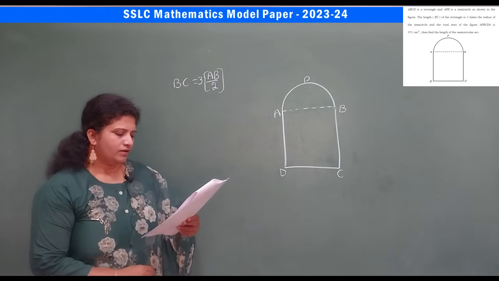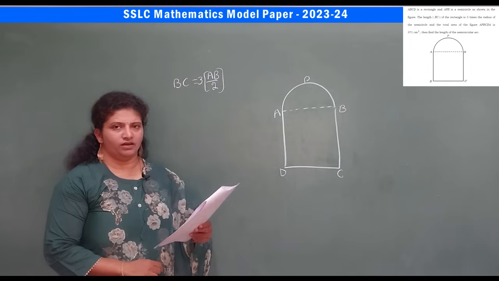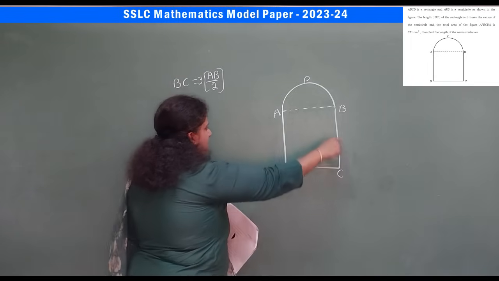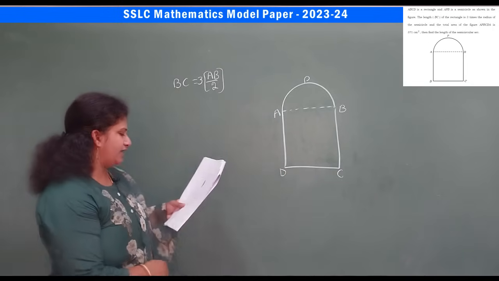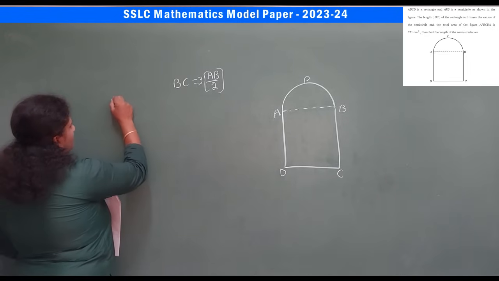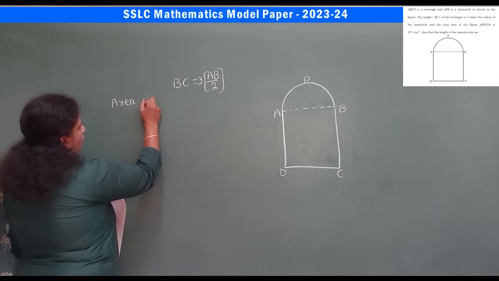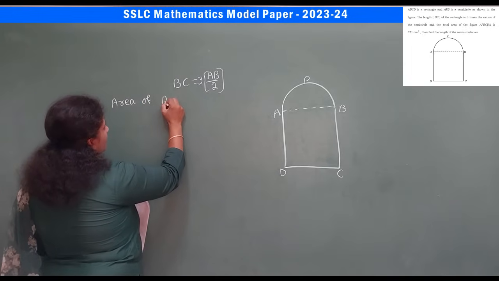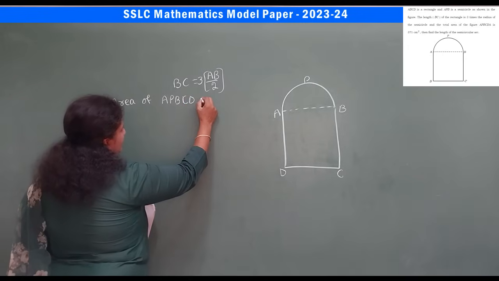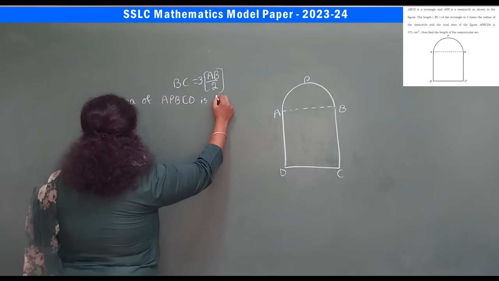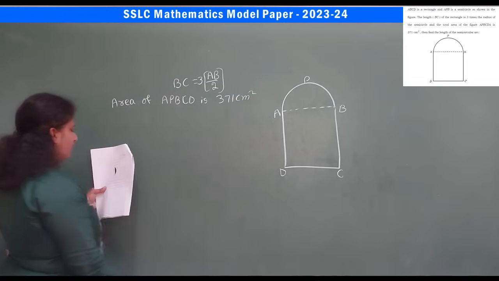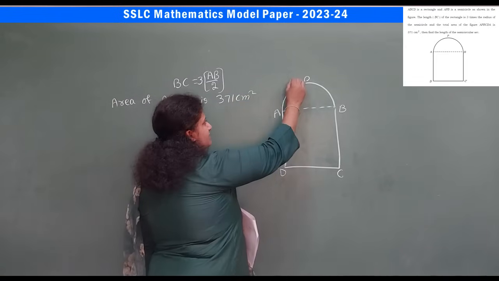And next point: the total area of the figure APBCDA is 371 centimeter square, given. Then find the length of the semicircular arc.